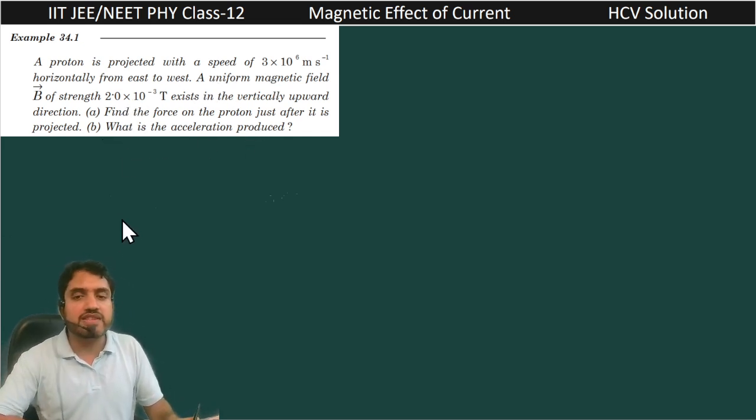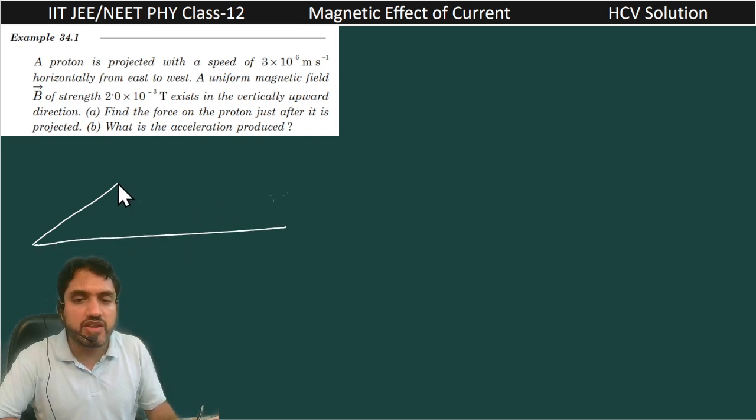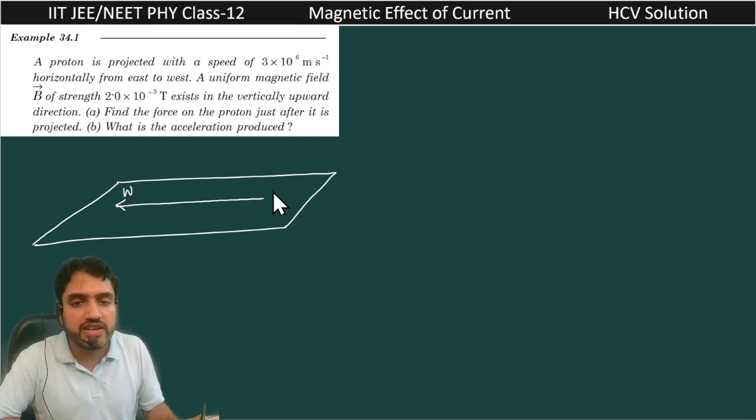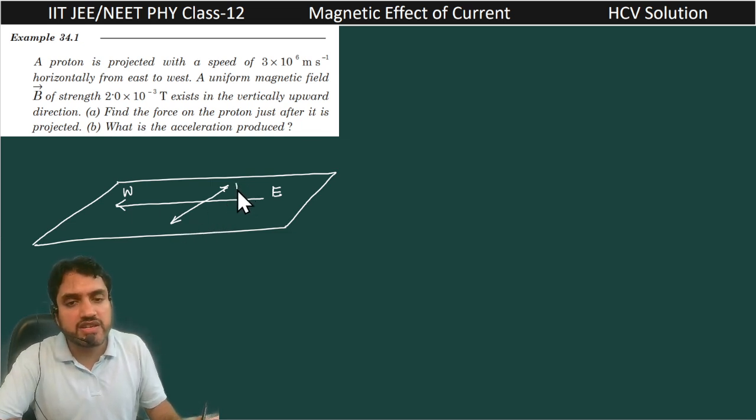So first we are considering one horizontal plane, and in this horizontal plane we can consider four different directions. This is our west and east direction, and perpendicular to this east-west direction we can consider north and south direction, which are in the horizontal plane.